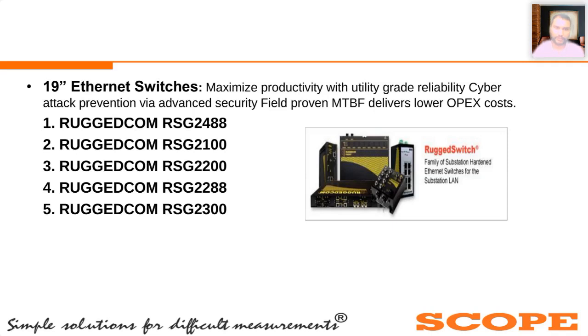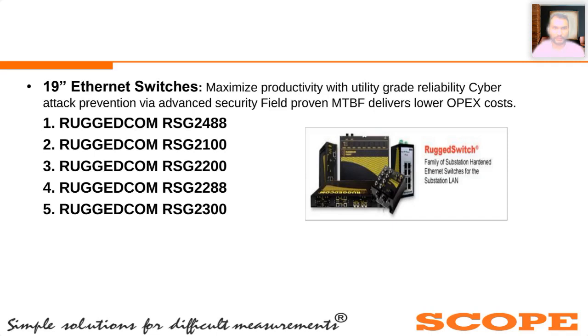Similarly, the RST2300 has by default 24 copper ports with speeds from 10 Mbps, 100 Mbps to gigabit. So these are all layer 2 switches.